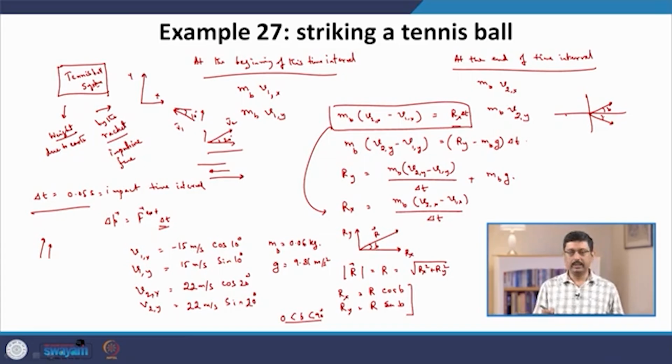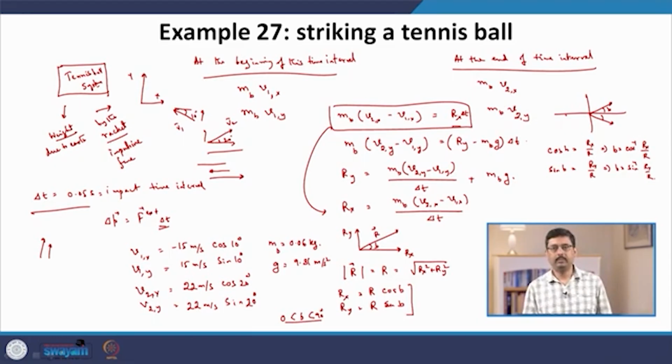So, in general, cos B is equal to Rx by R, that means B is equal to cos inverse of Rx by R, and sin B is equal to Ry by R, that means B is equal to sin inverse of Ry by R. So, it is always safe to compute B as an inverse of both cos and sin.